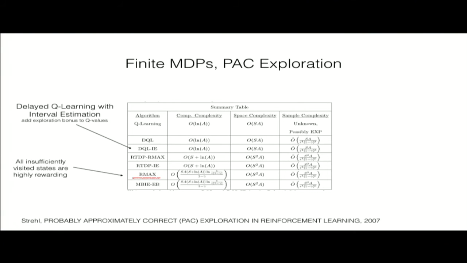It's a possibly better way of doing epsilon greedy, which gives you a better convergence rate. It ends up converging in polynomial time and also being more sample efficient than some of the other algorithms that require solving for the optimal policy all the time. This is from this Strehl paper, where you can find some more details.